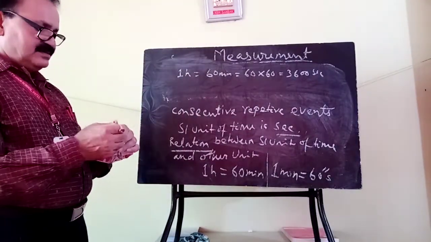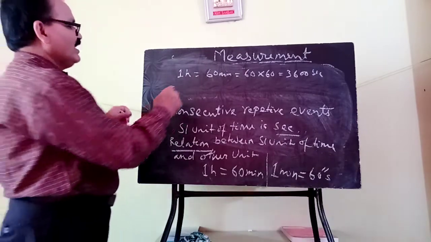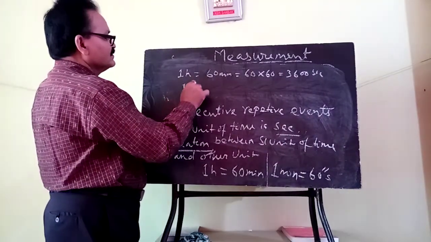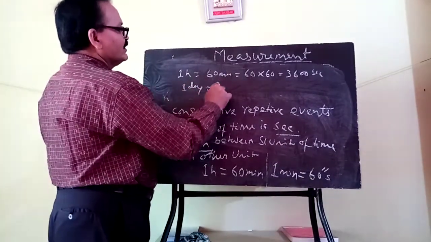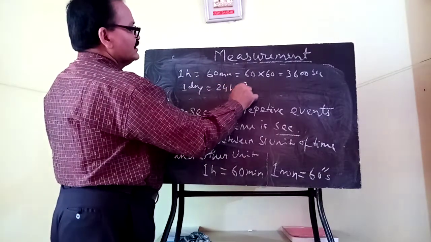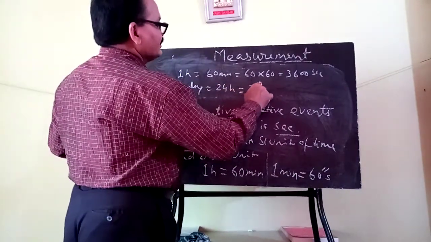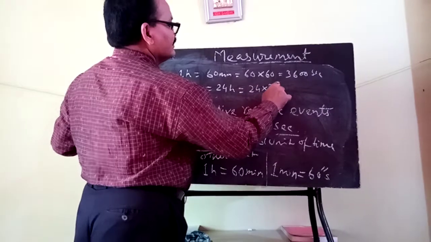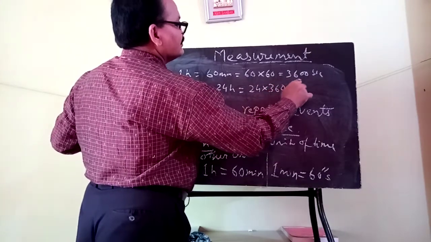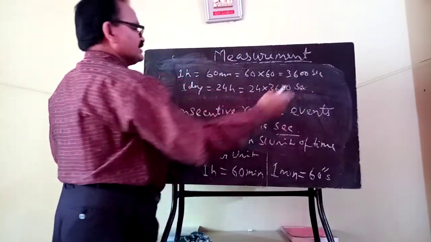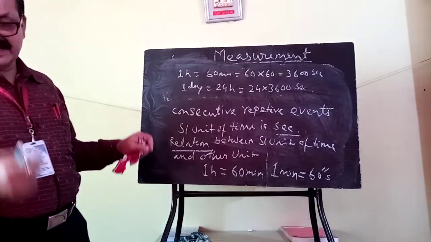Day. 1 day is 24 hours, which equals 24 into 3600, this much of seconds. Then you can express this in terms of seconds.